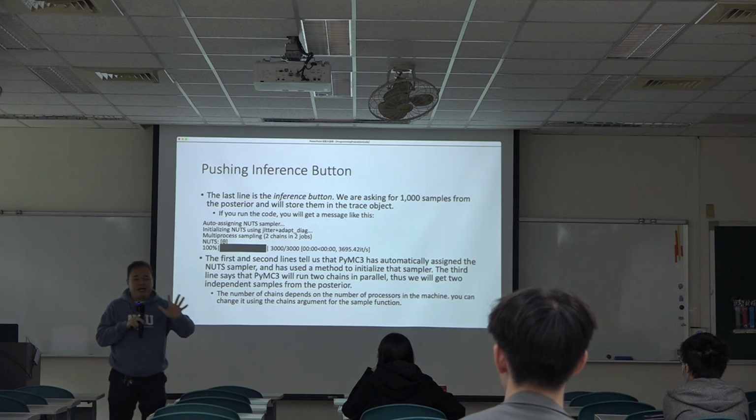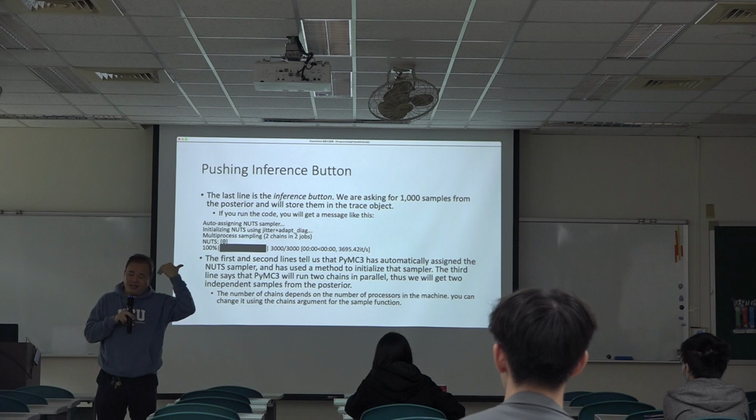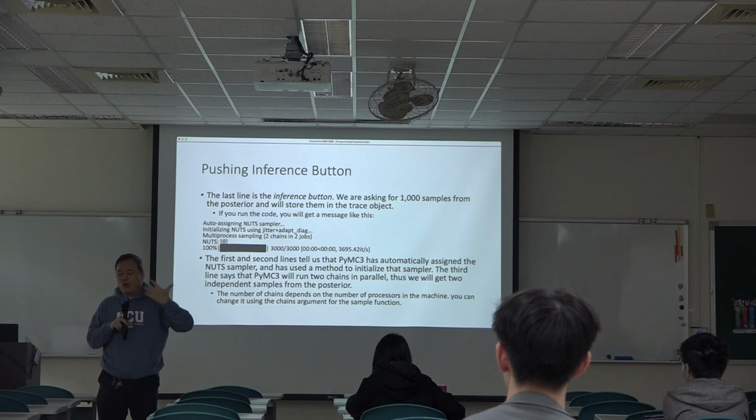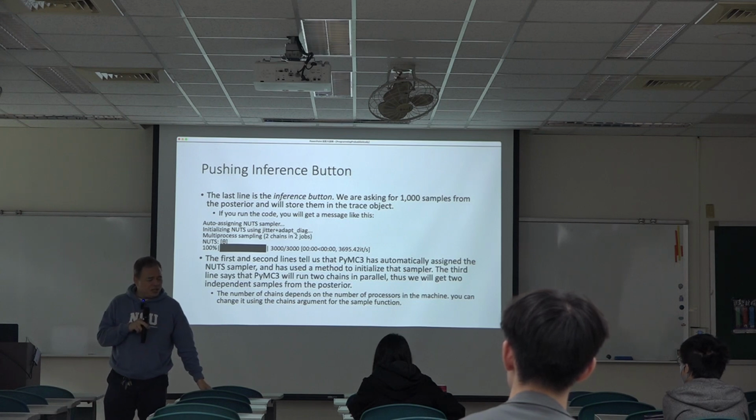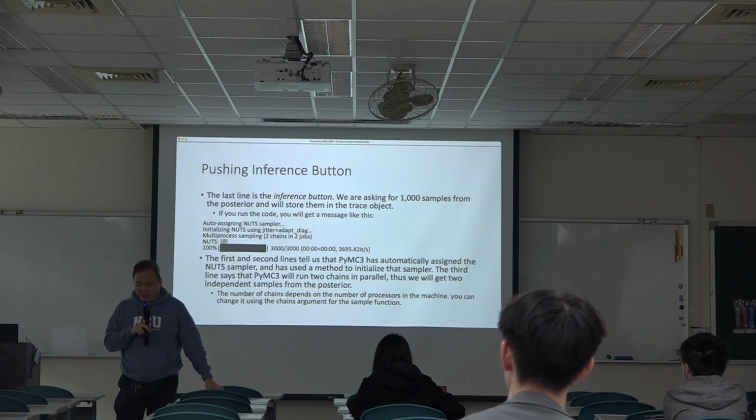Keep in mind, there are a lot of different samplers out there, and of course, they are all MCMC variations. NUTS is just one of the efficient MCMC samplers. There are others. Different Python libraries and Bayesian data analysis textbooks talk about different samplers, but they are all based on MCMC.